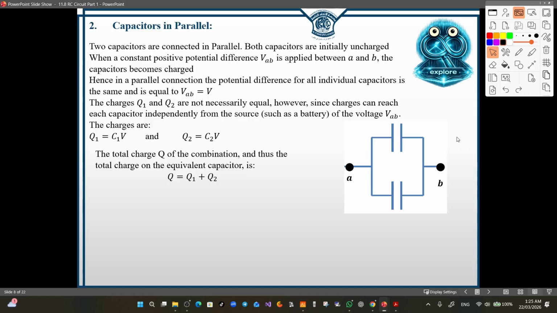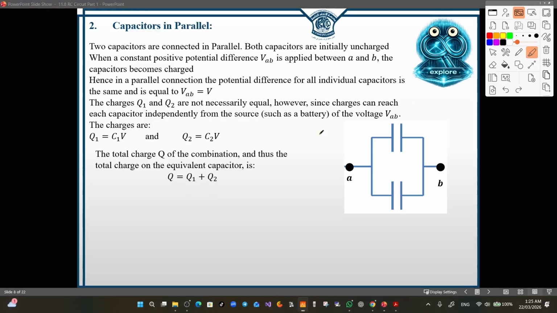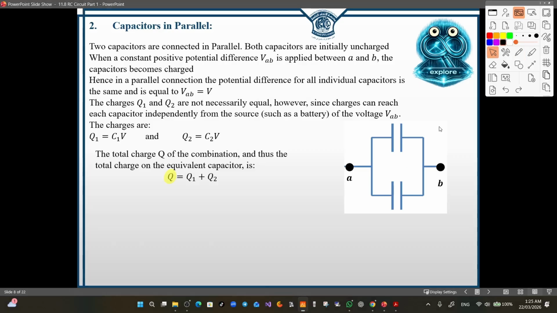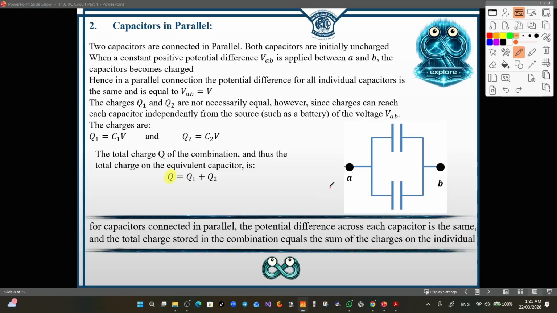And the total charge of the combination should be written as Q equals Q1 plus Q2, and this is exactly the charge that we will find in the equivalent capacitor. So after we turn this into one singular capacitor, the capacitance is the equivalent capacitance, and we will see how we can find it in the next slide.